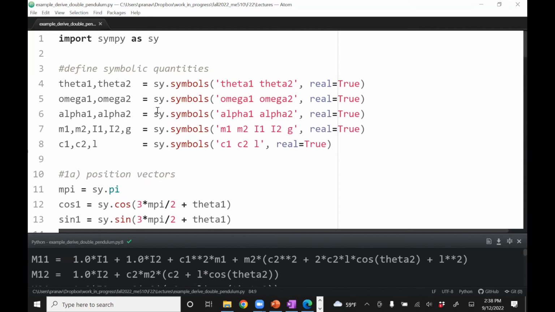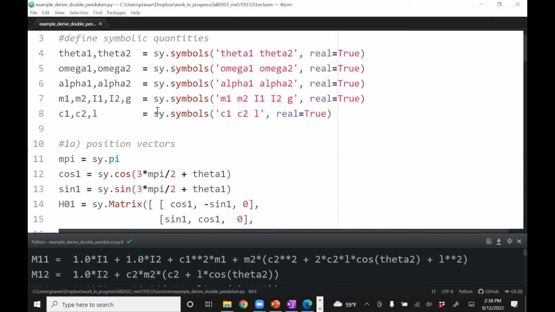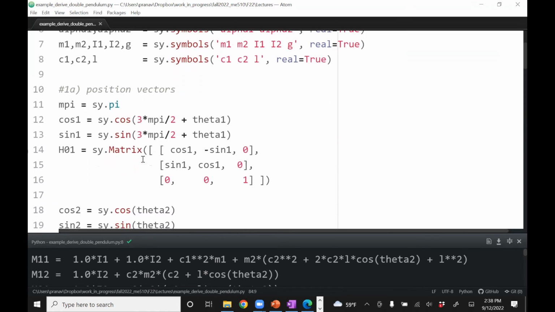So first step is to define all the symbolic quantities. You need to tell Python to keep these quantities as whatever they are, and your answers should be in terms of those. So all those are defined. Now I try to comment this code so that it corresponds to what I did there. First step is position vectors.